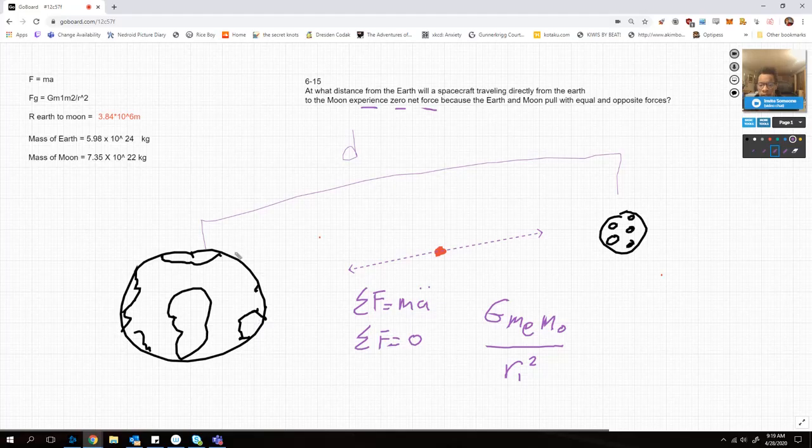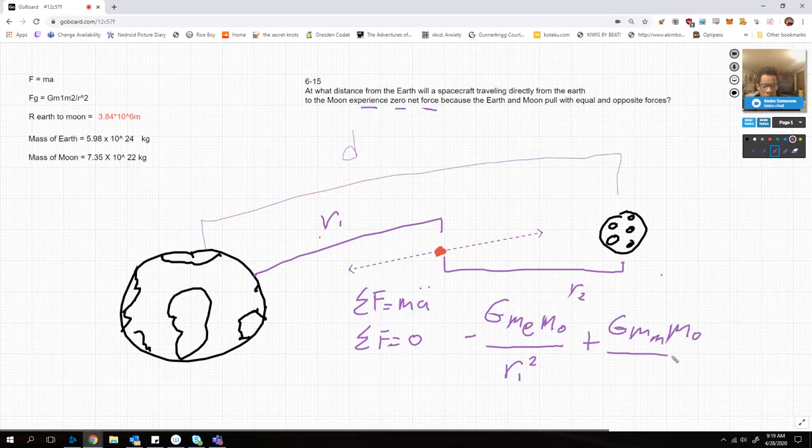I'm going to call the distance from the Earth to my object, from here to here, R1. And while we're at it, we'll call this R2. And then since this force points to the left, it picks up a minus sign. So that plus G mass of Moon, mass of object over that distance, R2 squared, equals 0.